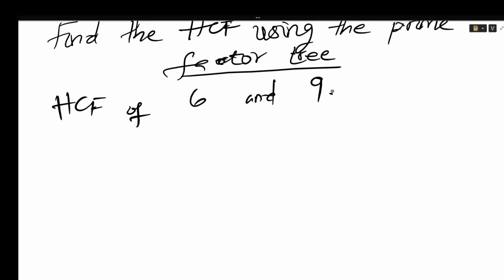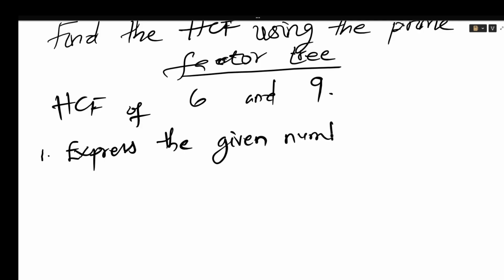There are some steps we have to follow. The first one is express the given numbers as a product of its prime.